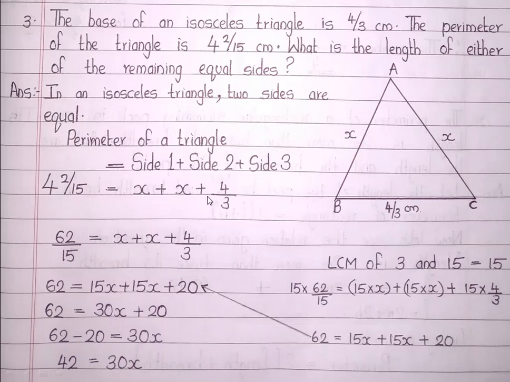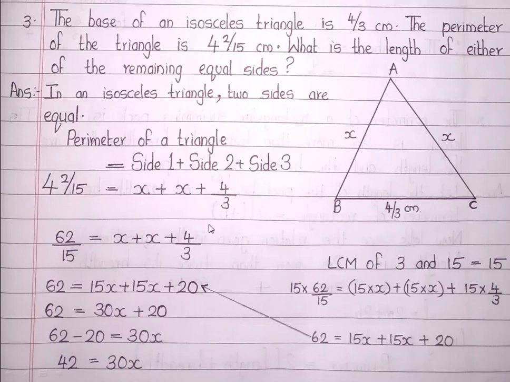What is the perimeter of a triangle? It is the sum of three sides, that is side 1 plus side 2 plus side 3. Perimeter is given as 4 2 by 15. Side 1 we took as x, side 2 we took as x, and side 3 is given as 4 by 3.